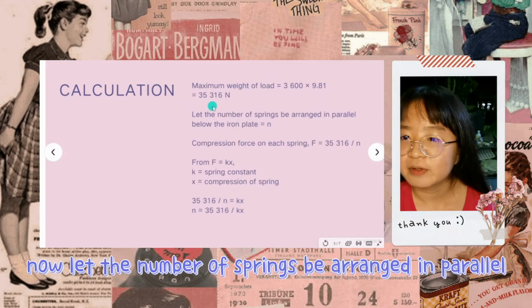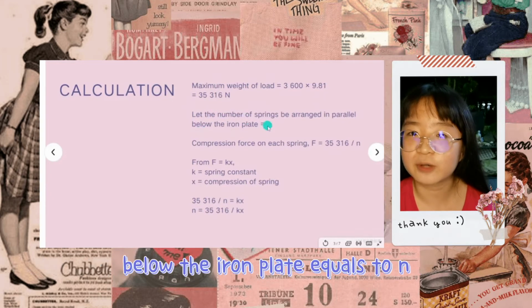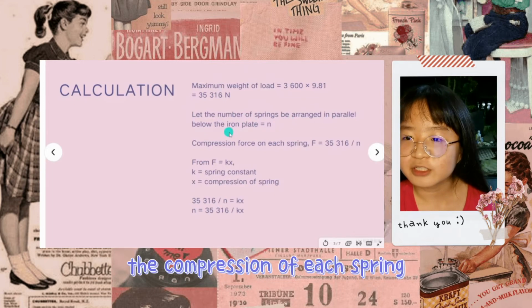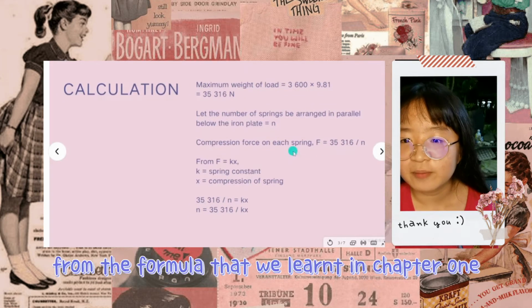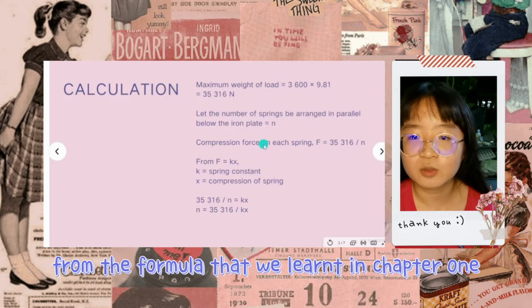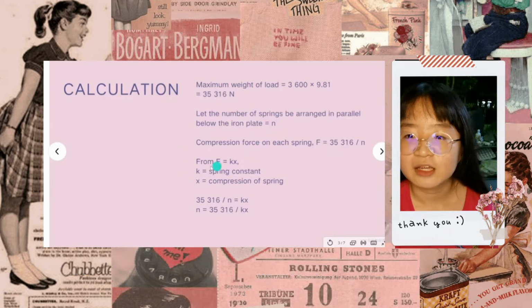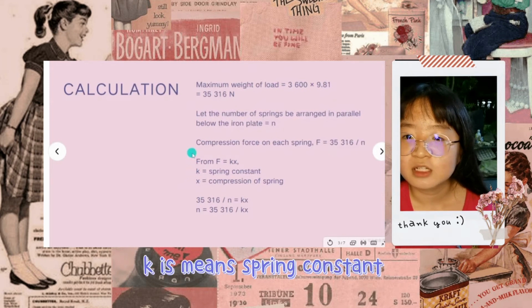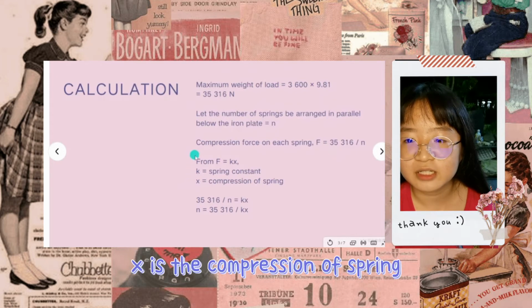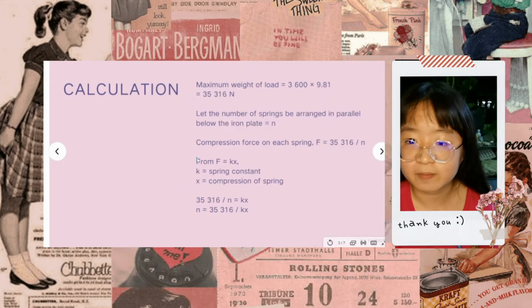Now, let the number of springs arranged in parallel below the iron plate equal n. The force on each spring, F, equals 35,316 over n. From the formula that we learned in Chapter 1, F equals kx, where k is the spring constant and x is the compression of the spring.